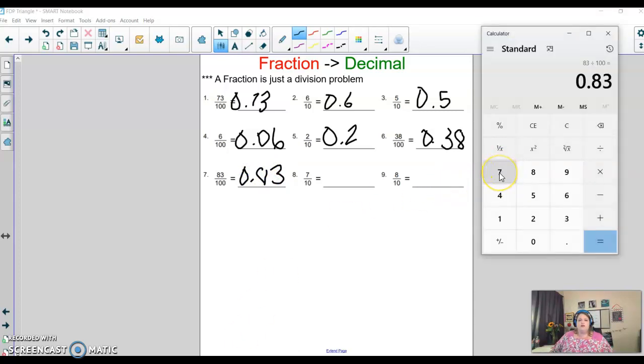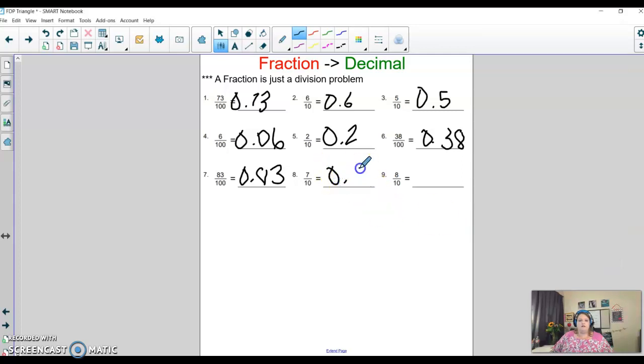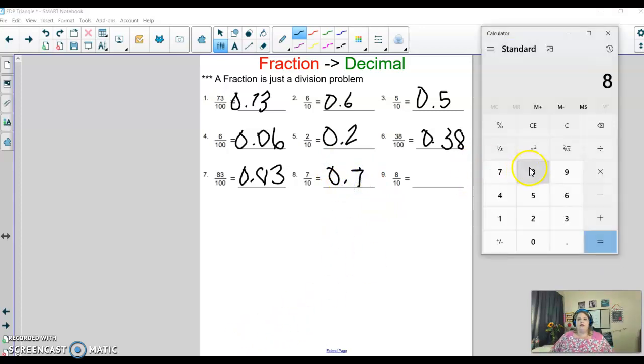Seven over 10 would just be 7 divided by 10. And 8 over 10 would be 8 divided by 10.